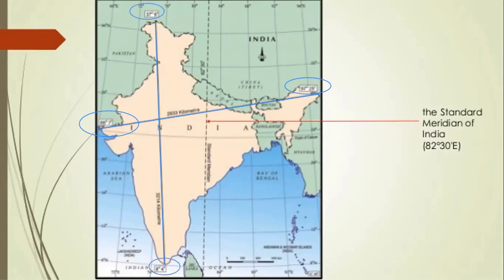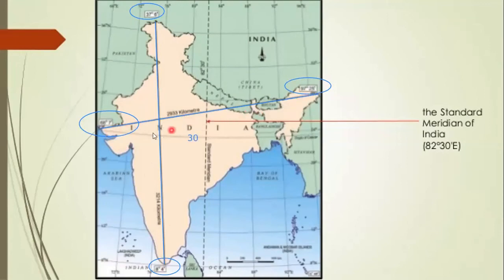If you divide all this, we realize that we have 30 degrees. That means the extent of latitude and longitude is 30 degrees, from the top and from the bottom. That means this and this are equal.